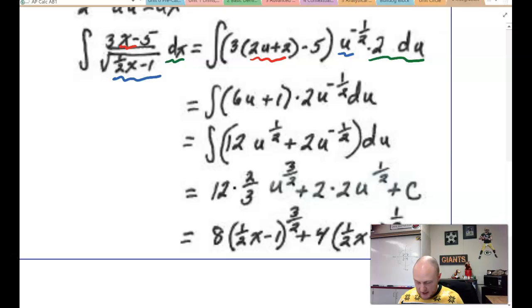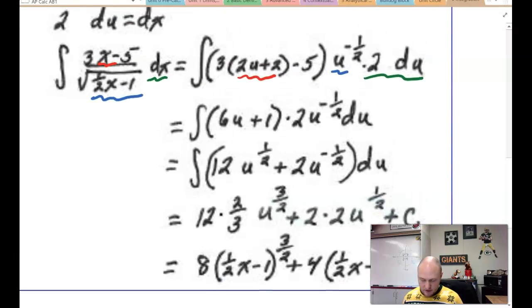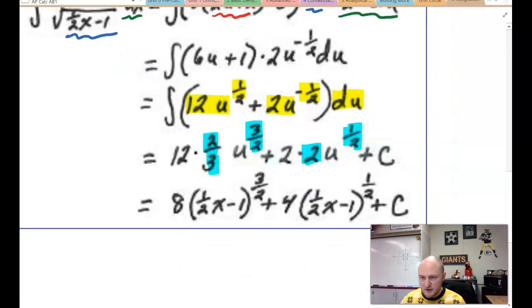Okay, and after simplifying everything out and multiplying it, we get this format. So the integral of 12u to the power 1/2 plus 2u to the power negative 1/2 with respect to u. And then we can raise our power by 1, divide by the new power, raise your power by 1, divide by the new power, or multiply by the reciprocal. Okay, and then there's our final answer.